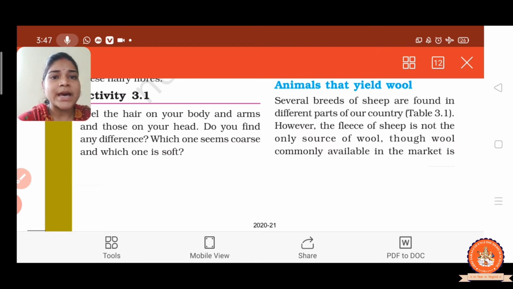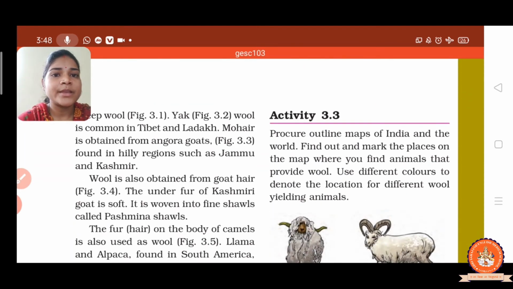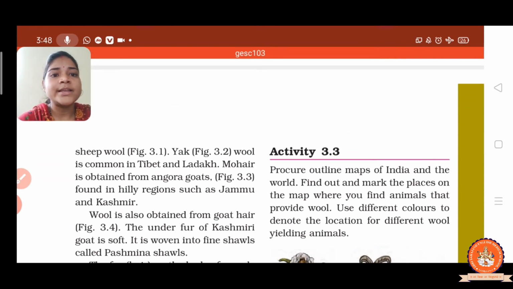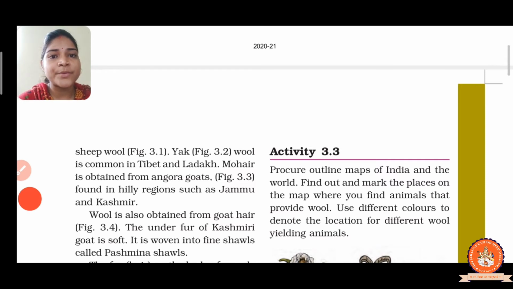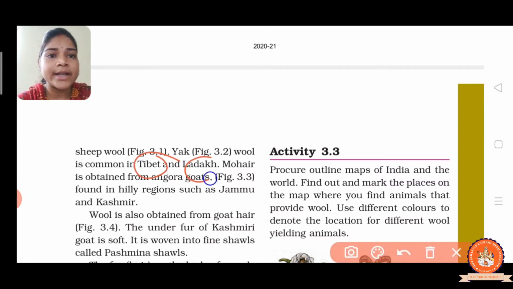Sheep wool, which we get from the sheep, is commonly available in the market, whereas yak wool, which we get from the yak, is commonly available in Tibet and Ladakh, right? From the Angora goat we obtain wool that is found in Jammu and Kashmir.